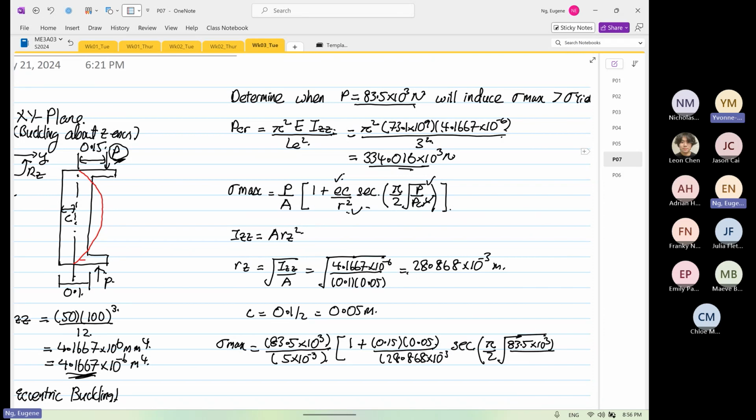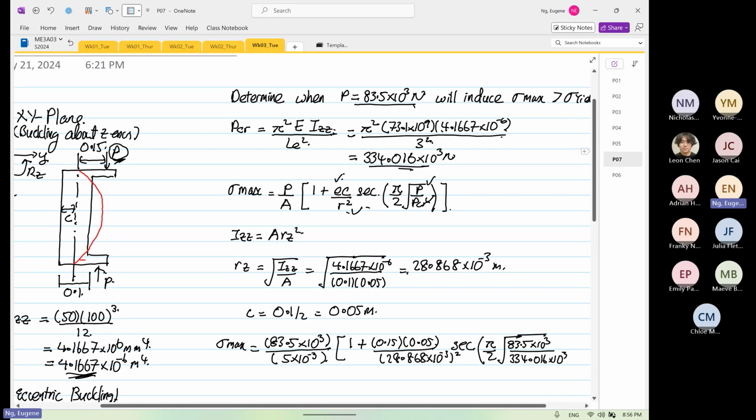Eugene, you forgot to square the radius of gyration. Yep, thank you, squared. You just gave me a fright there, but it's a good fright. It's 83.5 times 10 to the power 3, and the PCR now is 334.016 times 10 to the power 3. And then I close my bracket.